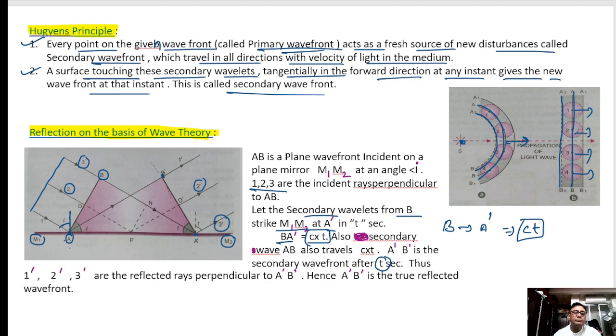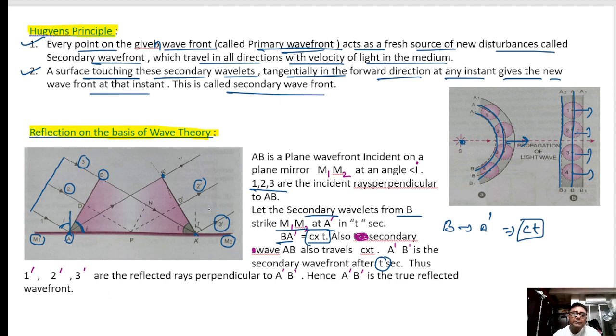As you can see in the diagram, this is the angle i. If this is i, this is also the angle i, because this is 90 degrees.